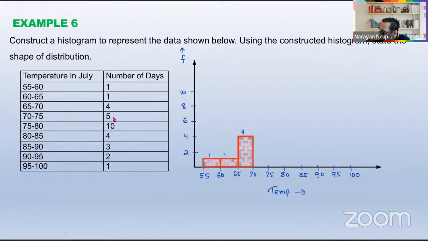So let's make that a height of 5. Next one is the tallest, height of 10, because the maximum frequency is 10. Like that.